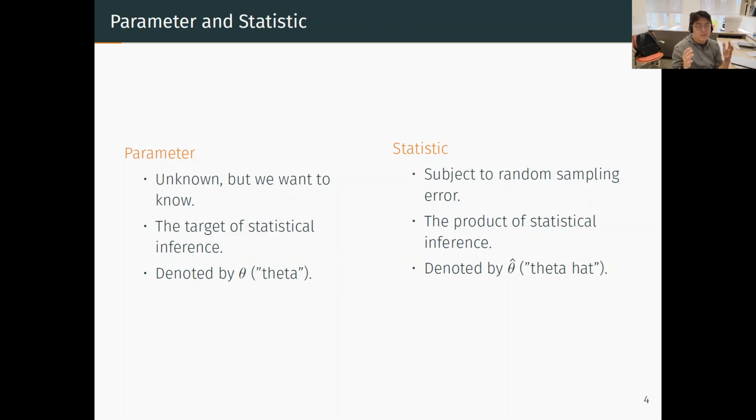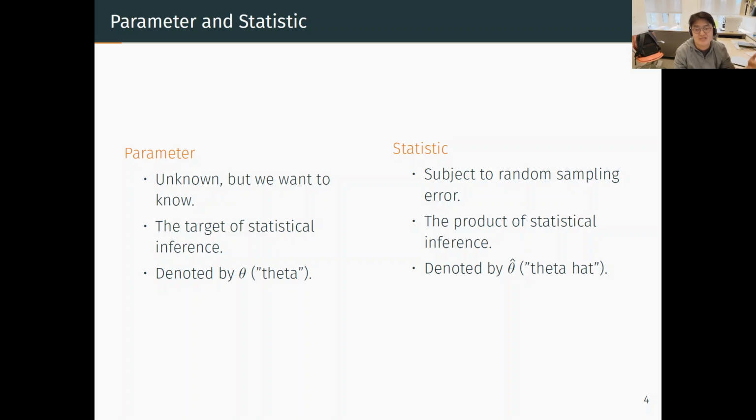So now it is clear what these guys are doing. What's the parameter? What's the statistic? So the parameter is first unknown. The basic property of a parameter is that it is unknown because it is our target. We are going to guess about the parameter. So of course it is unknown. If it is known, then you don't need to learn statistics.